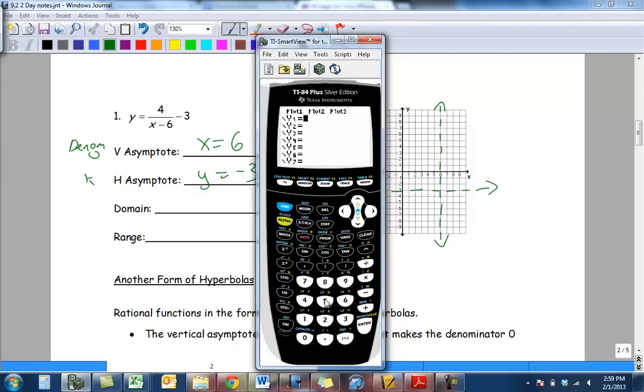All right, now let's pull out our calculator and see what this looks like. The trick here is you've got to put in 4 divided by, and you want the whole denominator to be inside parentheses. So this is 4 divided by x minus 6, close parentheses, then minus 3. Make sure your denominator is in parentheses. Then press graph.